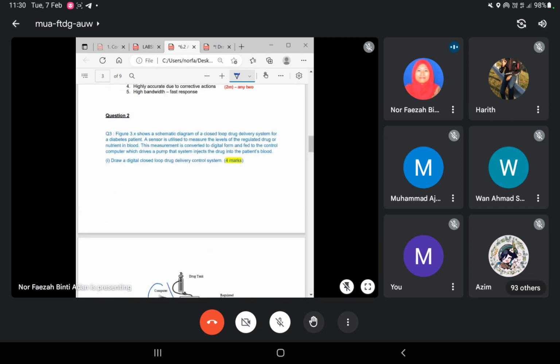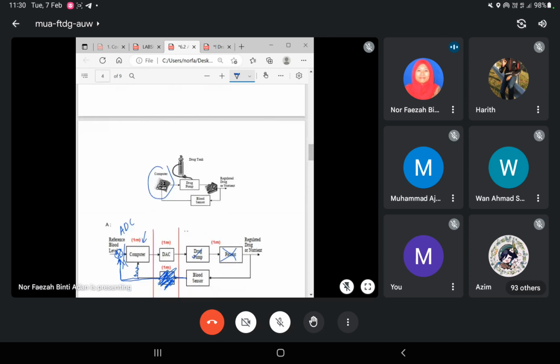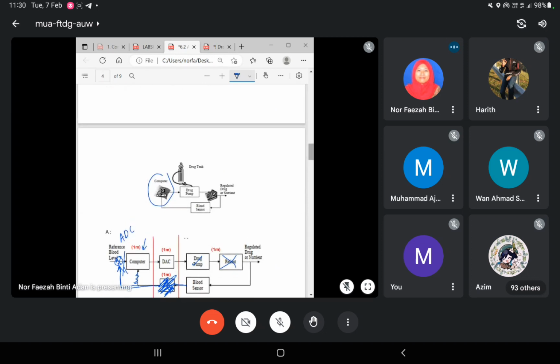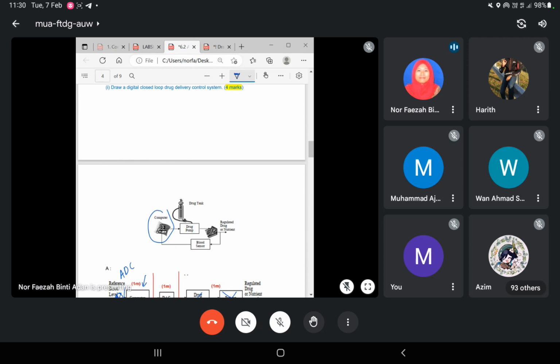Mana saya nak letak jawapan saya ni? Saya letak sini lah. Reference blood level. So one way to draw it, ref blood. Okay, you kena ingat sini kena letak dulu ADC. Okay, and then summing junction. So sini pergi PC komputer lah.